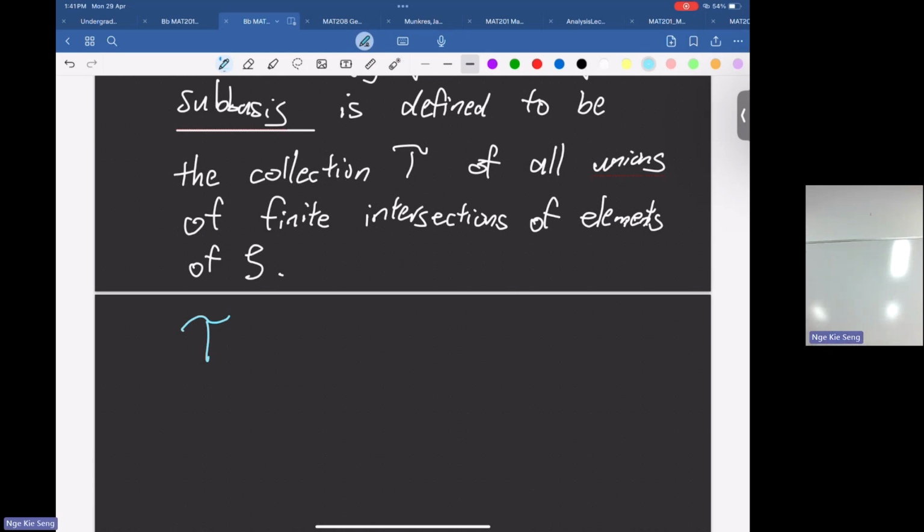Is this T coarser than the T generated by the basis? Is it coarser? We have intersection, so it should be finer, but I never saw it before.